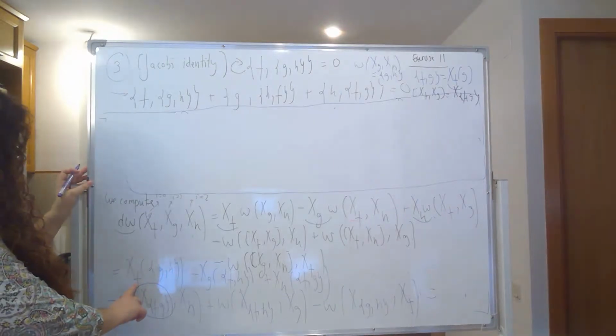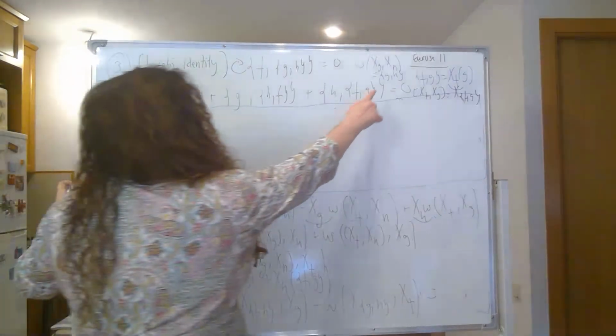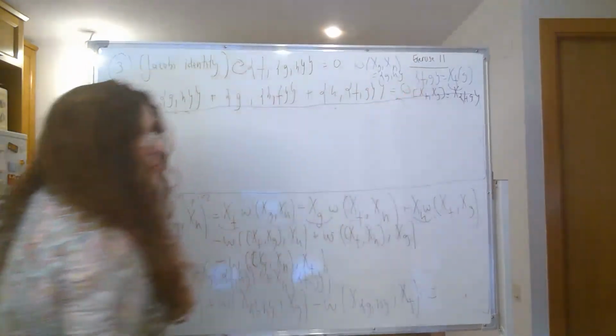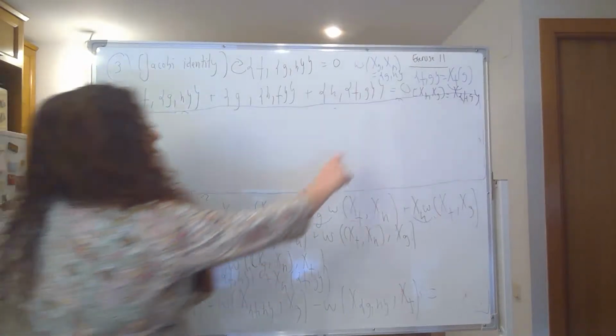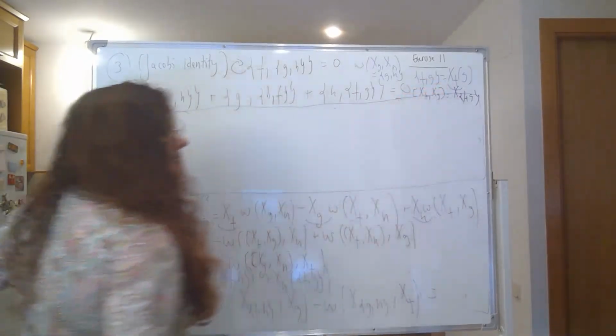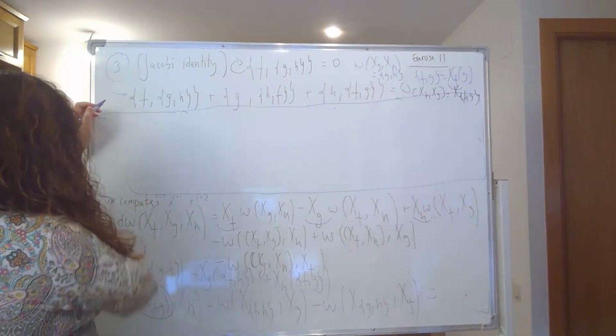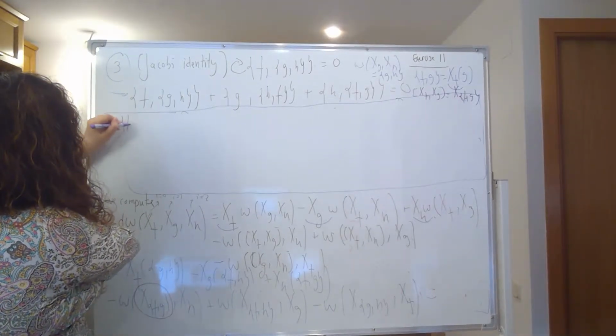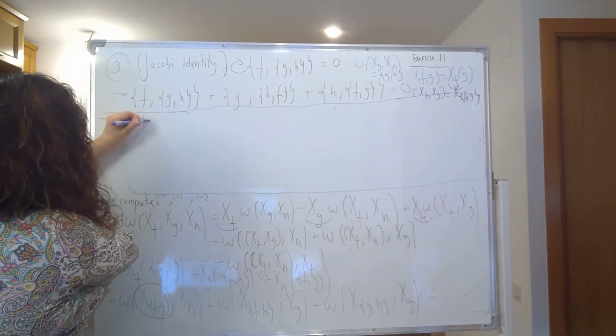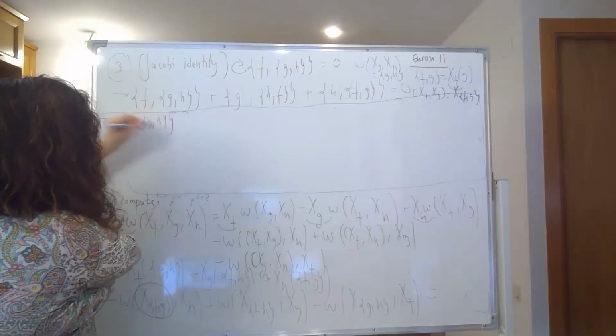Next step, I apply the definition of the Poisson bracket. Okay, well, this concept. So the bracket is X, F, and G. Okay, so that's the bracket of F by definition, GH. That's the first term.